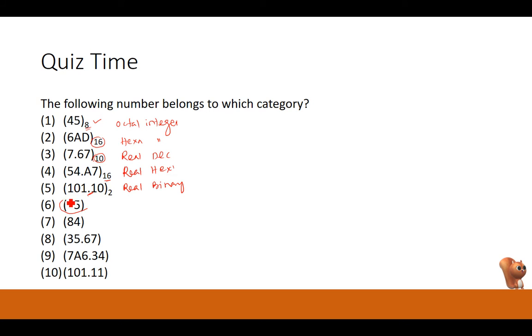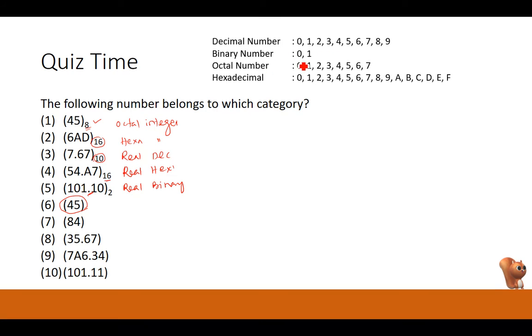But if you see this one, 45, no base is given, so we know that a decimal number can be constructed from 0 to 9, an octal number can be constructed from 0 to 7, and hexadecimal can be constructed from 0 to F. So 45 comes under every category. Here it is 4 5, here is also 4 5, here is 4 5.